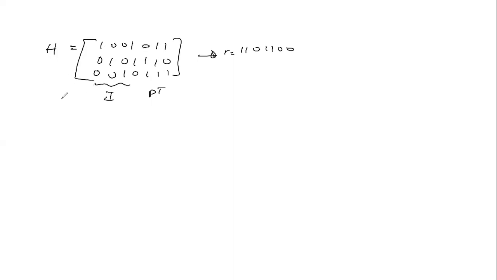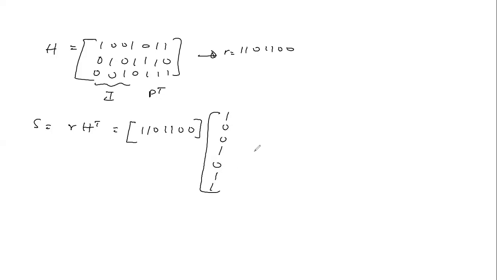But here, we already have that the syndrome is the same as R H transpose. So that's 1, 1, 0, 1, 1, 0, 0 times 1, 0, 0, 1, 0, 1, 1, then 0, 1, 0, 1, 1, 1, 0, and 0, 0, 1, 0, 1, 1, 1, right?